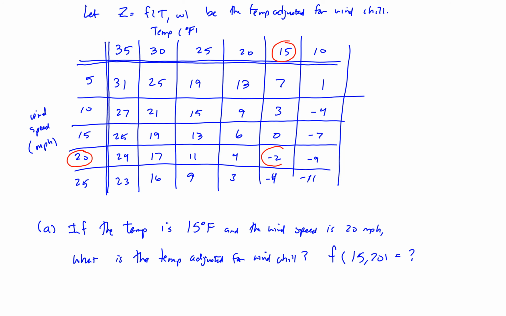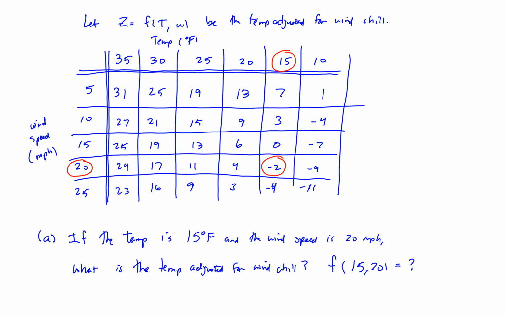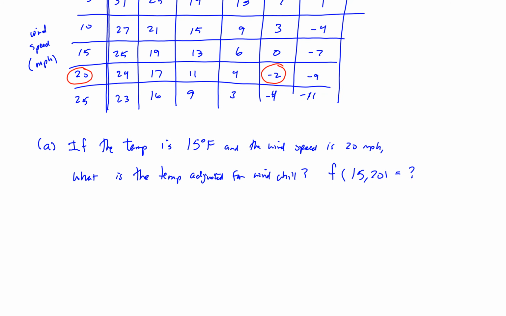So we notice this is our value here. So this value should be -2.